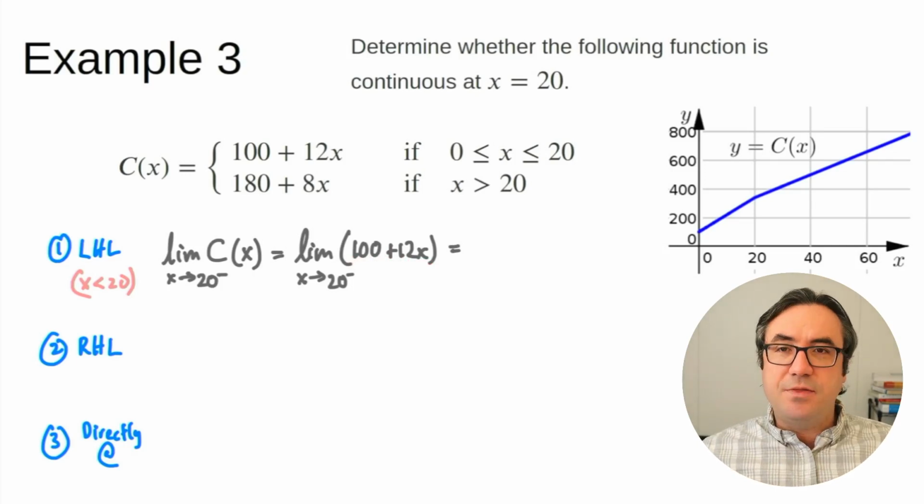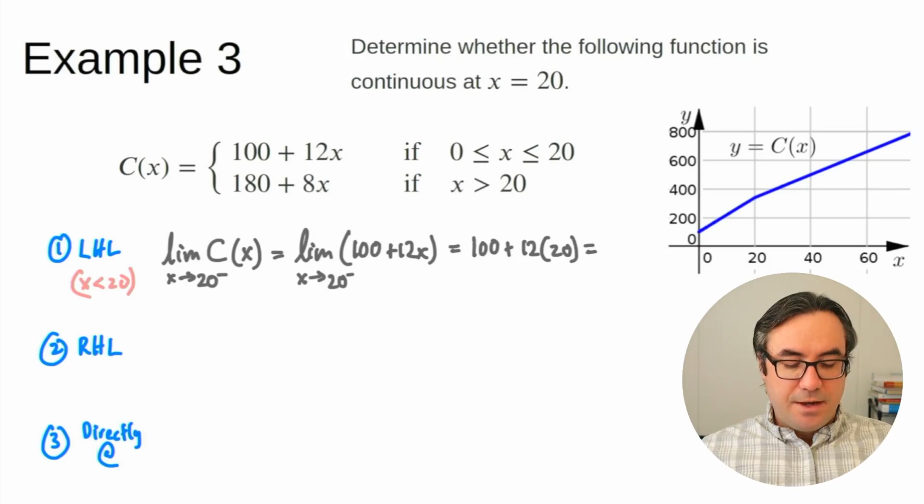We can just plug in the number x is approaching. So in this case, 100 plus 12 times 20. And if we simplify that, we get 240 plus 100, 340. Okay, so we did our direct evaluation there.